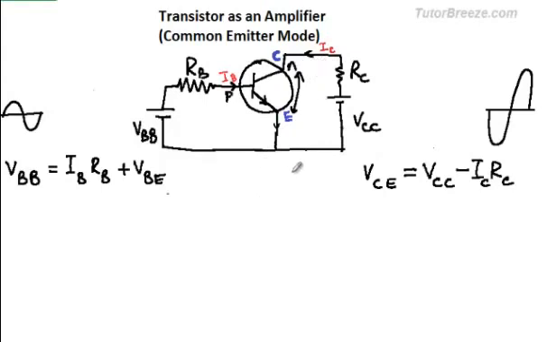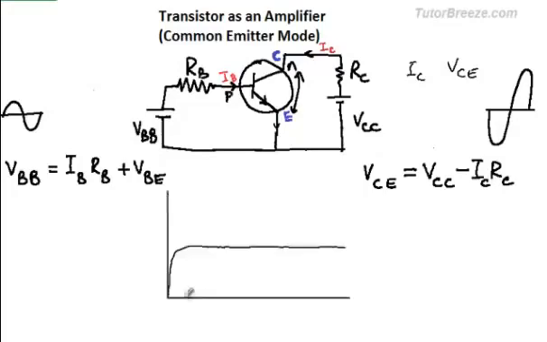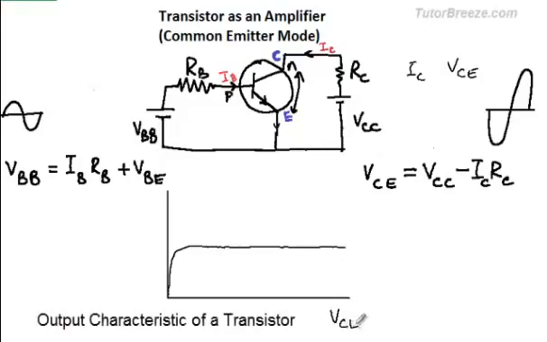If you recall, the output characteristics are a plot between the output current IC and the output voltage, which is VCE. Hence the name output characteristics. Now, let's just take a look at an output characteristic curve. The output characteristics are obtained when we plot a graph between the output voltage VCE and the output current IC, and this is taken for a fixed value of the base current IB.